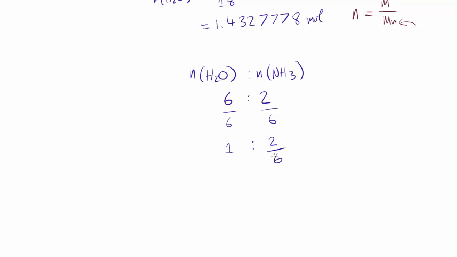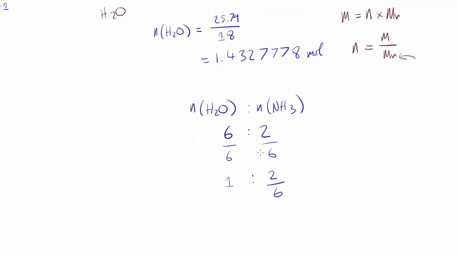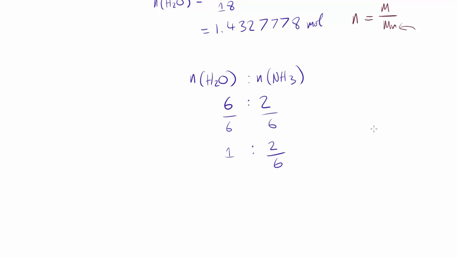Which in other words is 1/3. And what can we do with that information? Well, what this tells us is that if we multiply our number of moles of H2O by 2/6, we're going to get the number of moles of NH3, right?